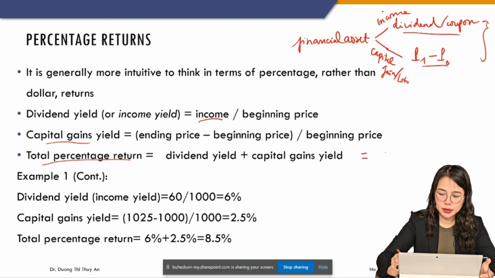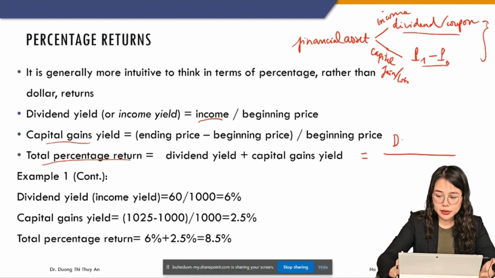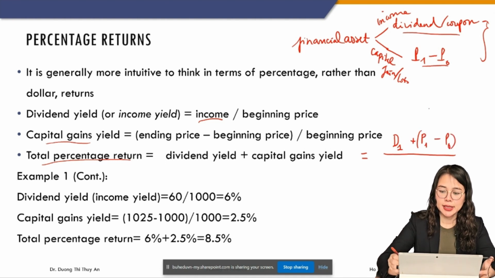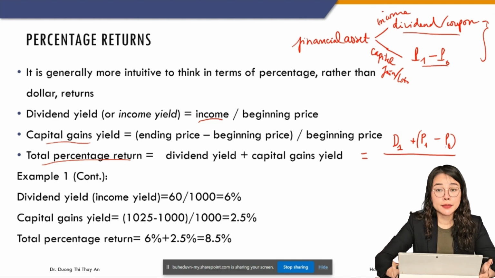It equals the dividend in the period we invest in that financial asset, plus the capital gain or loss, divided by what you have paid, that is P0. That is the total percentage return.